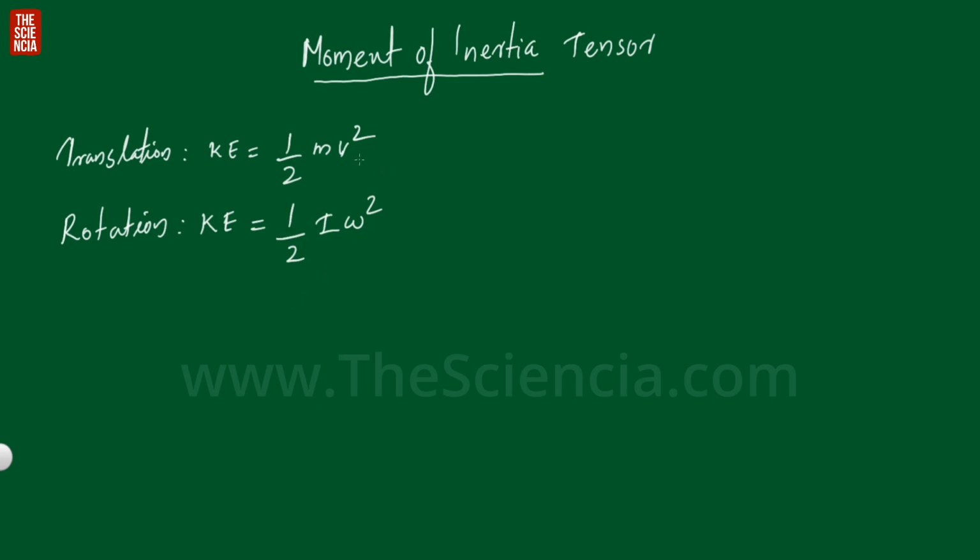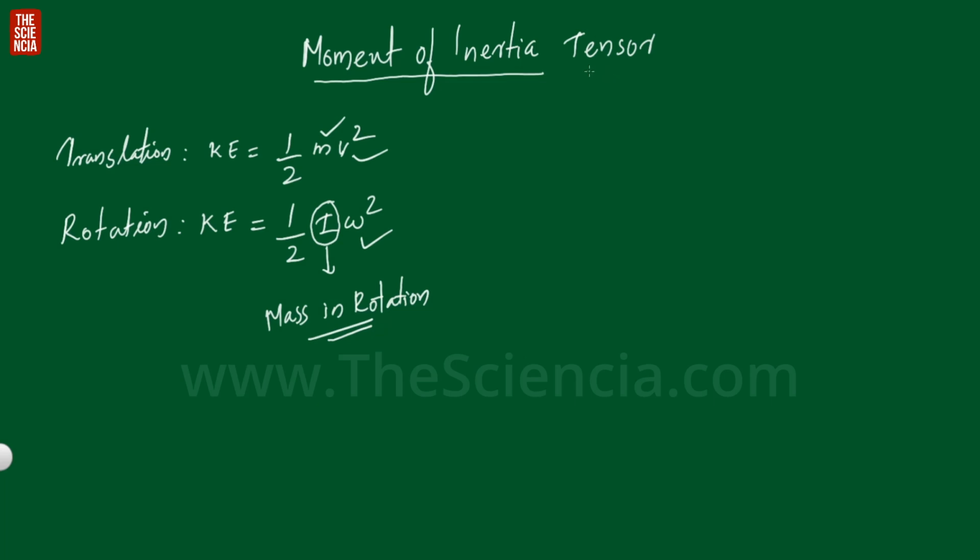Here v is the linear velocity and omega is angular velocity. Here m is mass, and here I is mass in rotation. If a body is in a rotational motion, then we call its mass the moment of inertia.